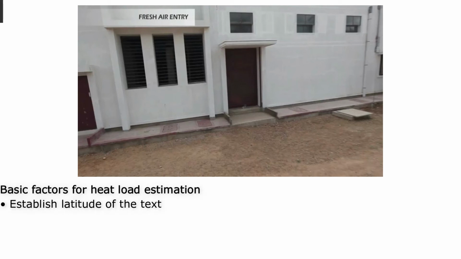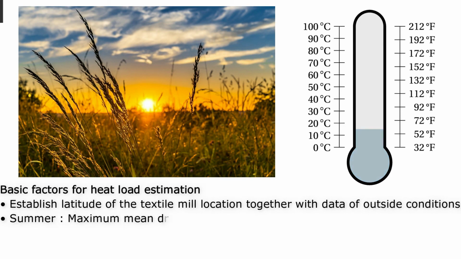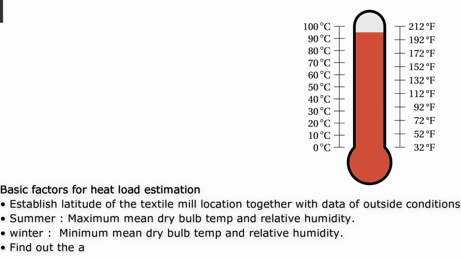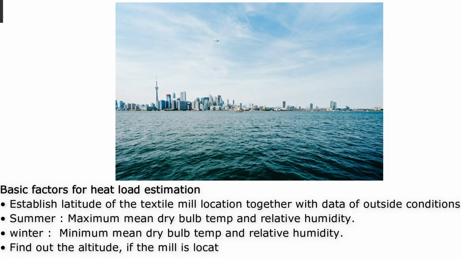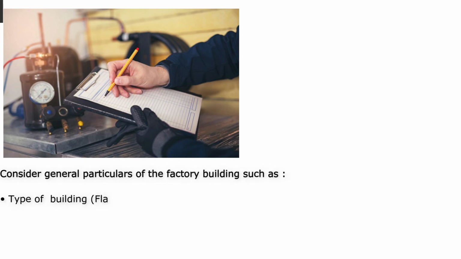Basic factors for heat load estimation. Establish the latitude of the textile mill location together with data of outside conditions. Summer: maximum mean dry bulb temperature and relative humidity. Winter: minimum mean dry bulb temperature and relative humidity. Find out the altitude, if the mill is located considerably above mean sea level. Consider general particulars of the factory building such as type of building, flat roof, north light.